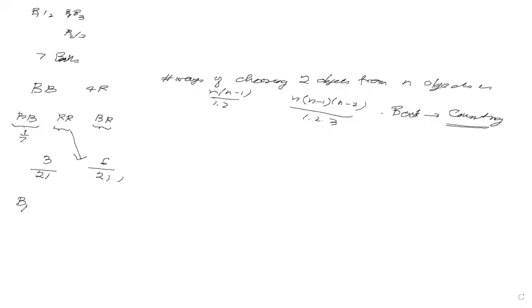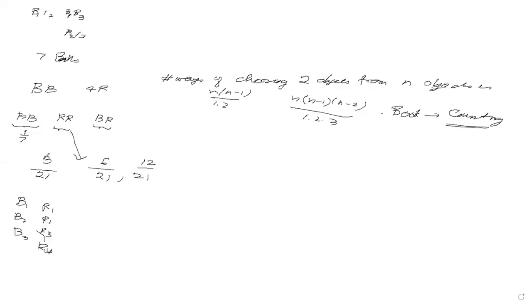Okay, you can understand this if you name the blue ones as B1, B2, B3, and the red ones as R1, R2, R3, R4. You can see how many BRs you've got. With B1 you got 4, with B2 you got 4, with B3 you got 4. So that is why it's 3 times 4 here.